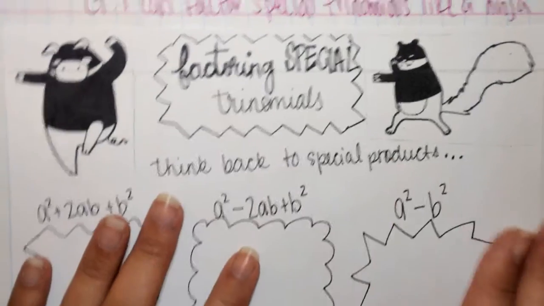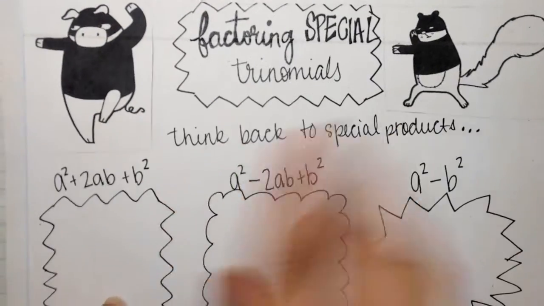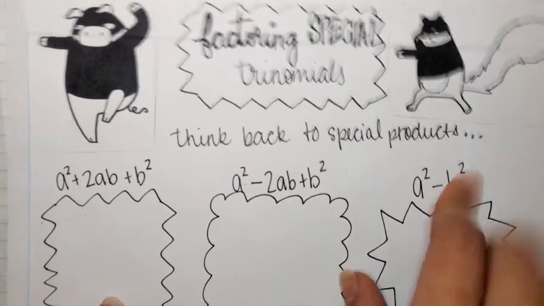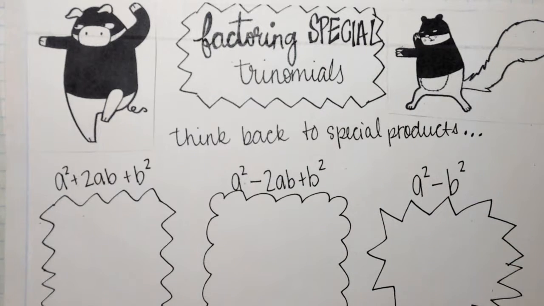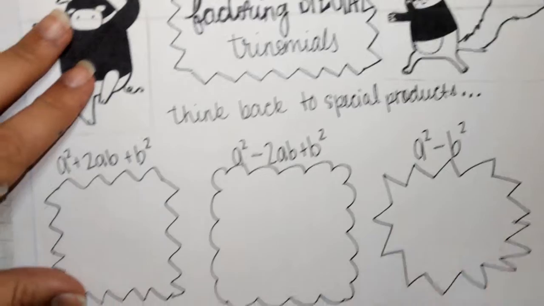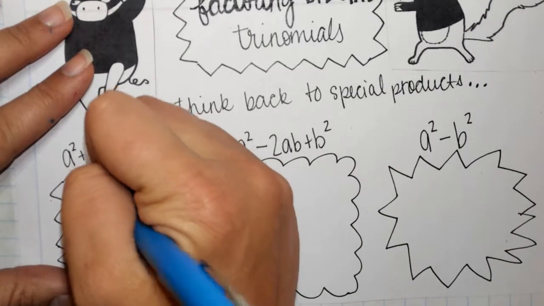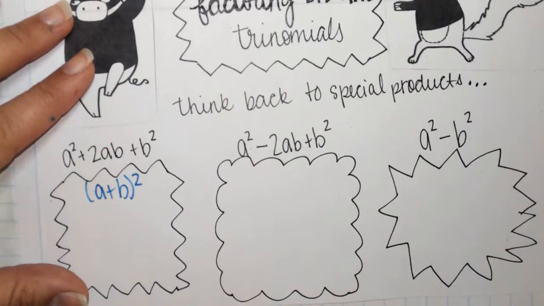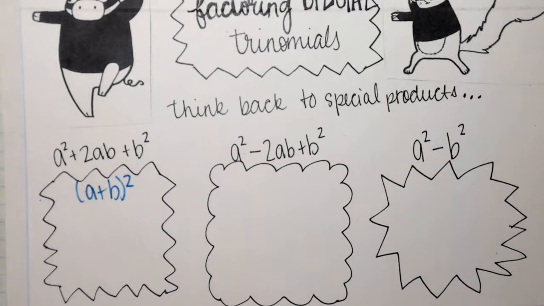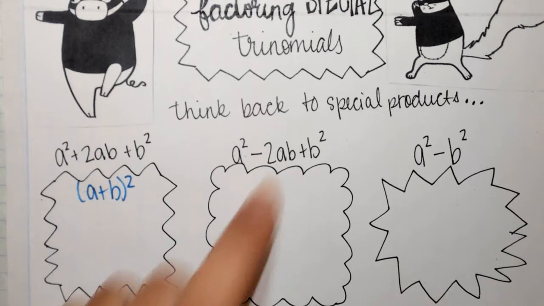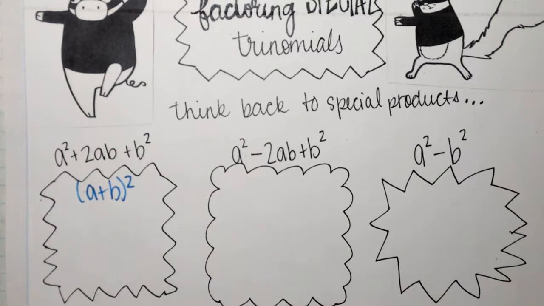Alright, so there are 3 types of special trinomials, and we're going to be factoring these 3. We need to think back to special products where we're going backwards to this one. You go backwards to (a plus b) quantity squared. What is this one going to go backwards to? (a plus b).